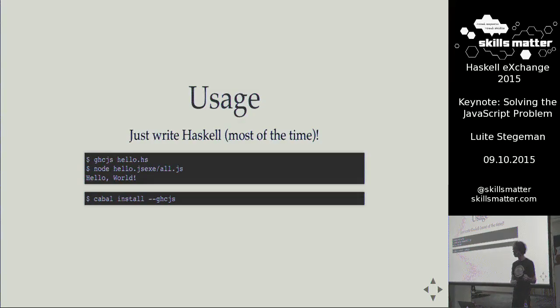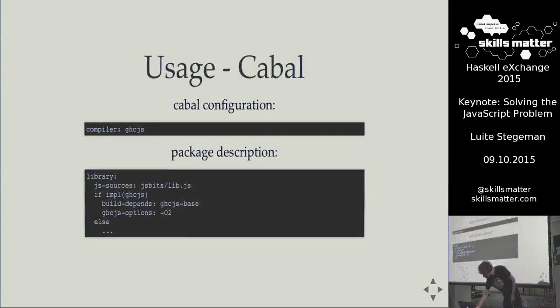Your GHCJS boot will build a whole bunch of packages already, including aeson, text, bytestring, I think binary. But if you have something that you think doesn't use any native code like C libraries, then you have a reasonably good chance that it works with GHCJS. So you can probably just try it out, and if it breaks, then probably file a bug report.